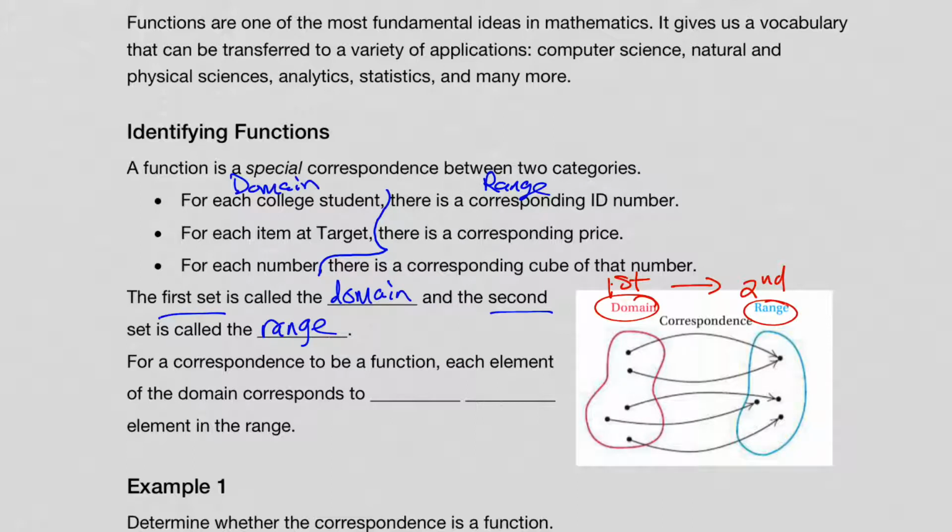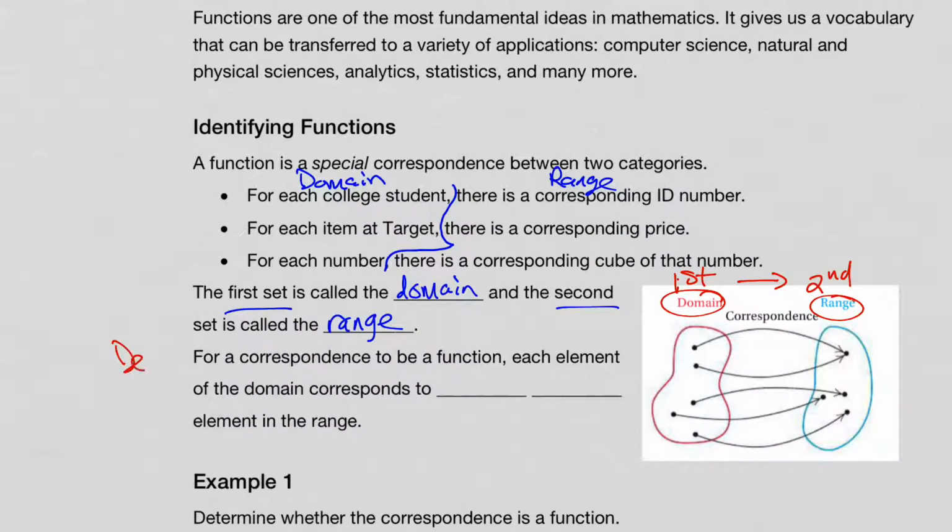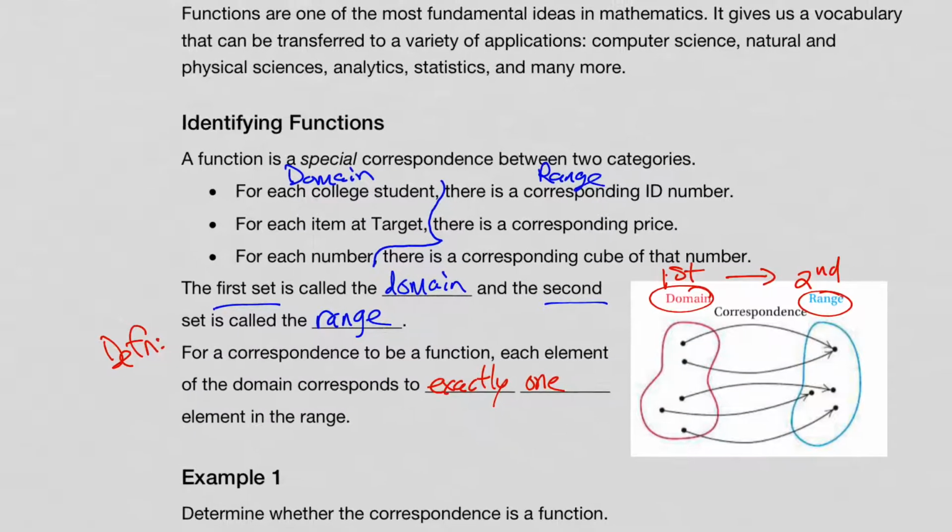Okay, for correspondence to be a function, so now we're going to a definition here. Each element of the domain corresponds to exactly one element in the range. Okay.